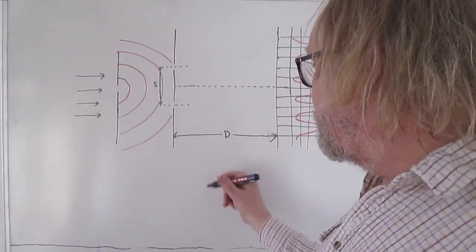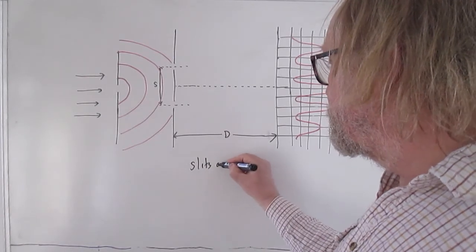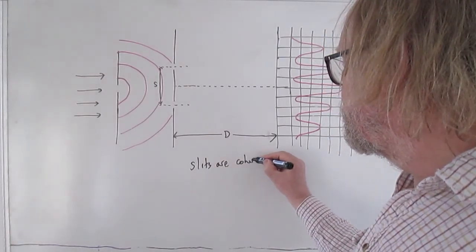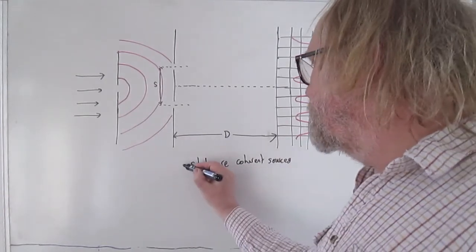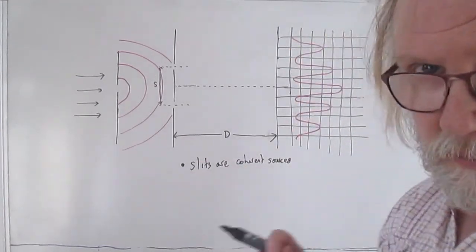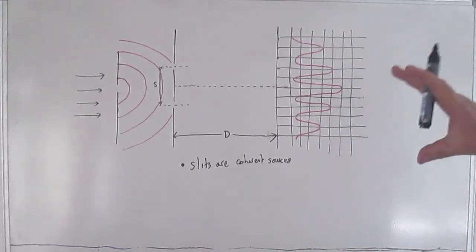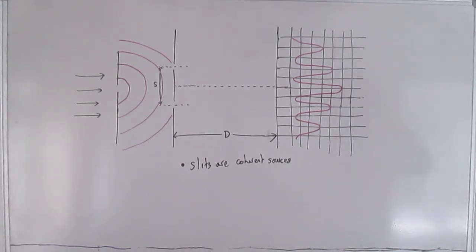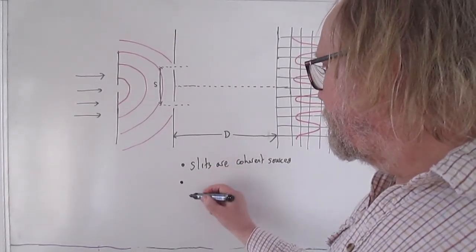Okay, then that the slits are coherent sources. Probably not a mark for that because we've already established it, but in general that would be an important thing to establish here when you're explaining this. And then you've got to explain the idea that you get superposition of the diffracted waves from the 2 sources.